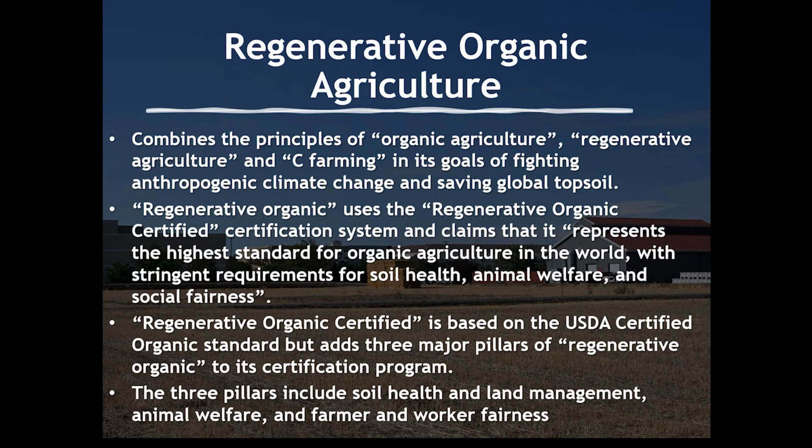But 3 major pillars of regenerative organic are added, and these pillars include soil health, land management, animal welfare, and farm worker fairness. Now, we interviewed a practitioner who is involved in both a regenerative agriculture and a regenerative organic agriculture system, and you will hear his comments in the next clip.